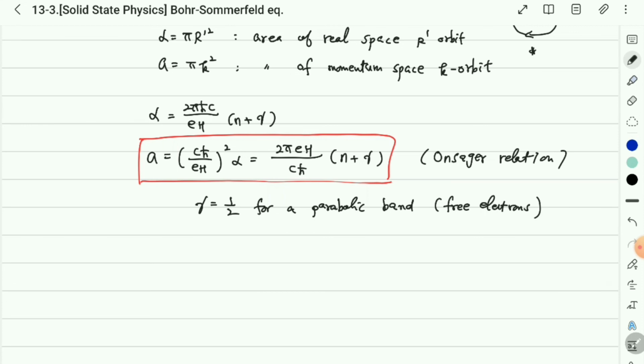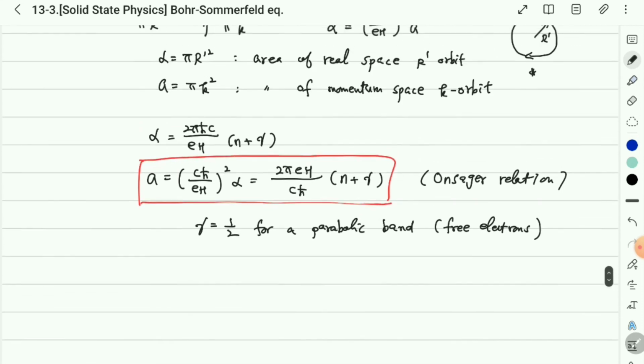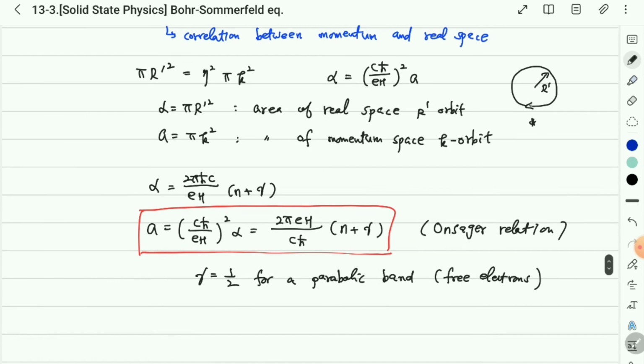And then it means that the orbital motion along r prime is quantized, and the decrease or the increase of r prime is not continuous but quantized, and the orbital motion is quantized. That's the important result in this high magnetic field electron motion.